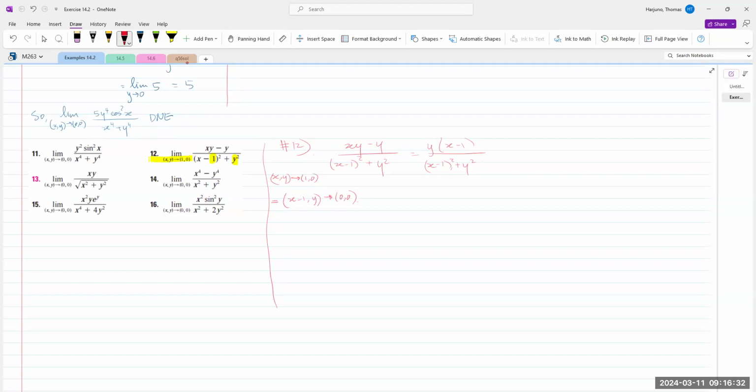Is it right? Now, if this is the limit under the condition of (x, y) going to (1, 0), I can play with that and call that limit as (x minus 1, y) goes to (0, 0).